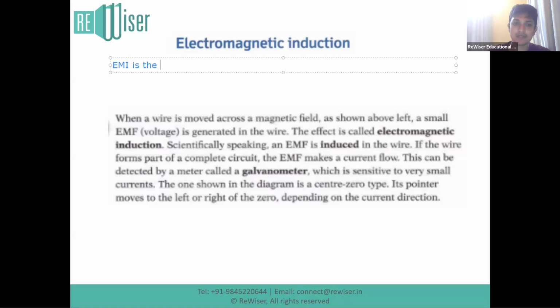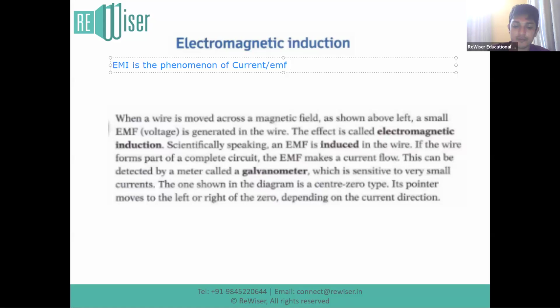Electromagnetic induction is the phenomenon of current. You can call it current, you can also call it EMF. Both are same. I mean, I know they're not same. I know current is current, EMF is voltage. But in context to current flowing or being produced in a wire, you can interchange the words, it won't matter.